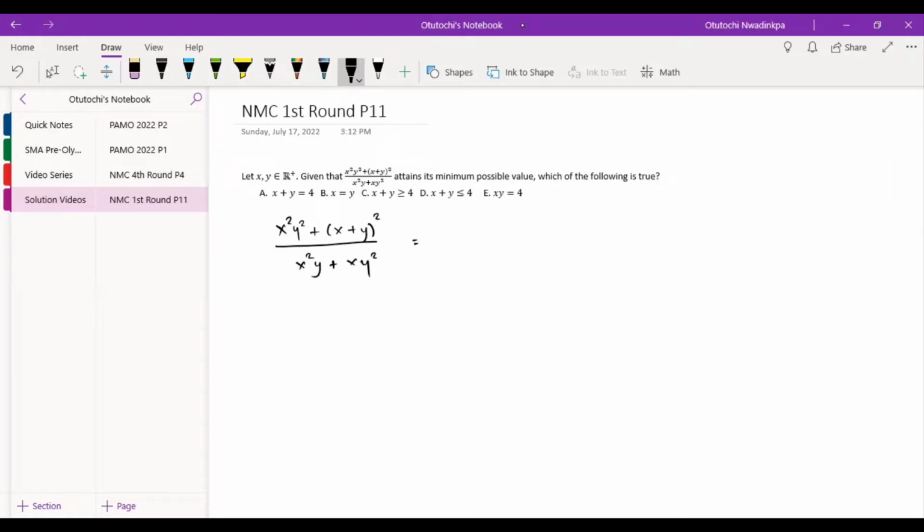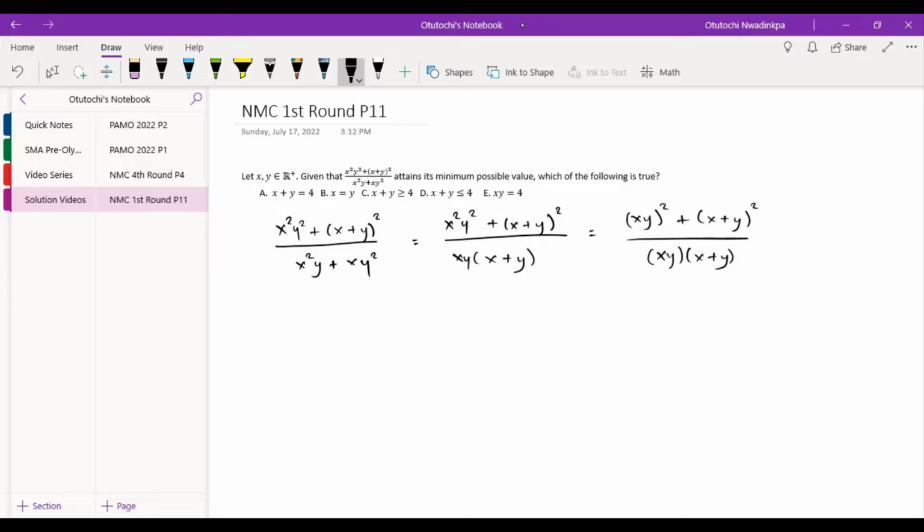Now we'll bring out xy, so the denominator will be xy times (x plus y). This is basically the same as (xy) squared plus (x plus y) squared over xy times (x plus y).